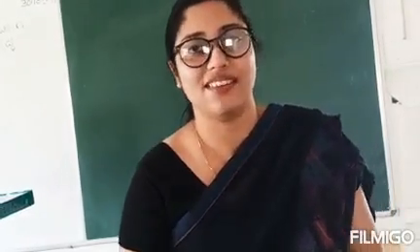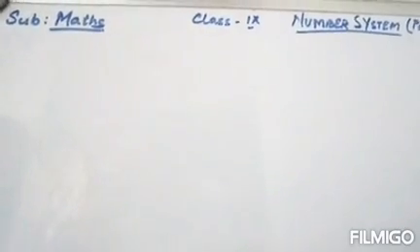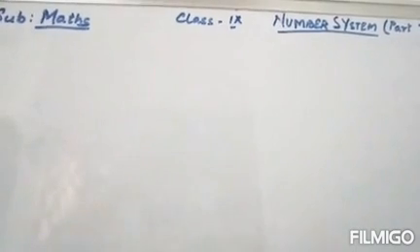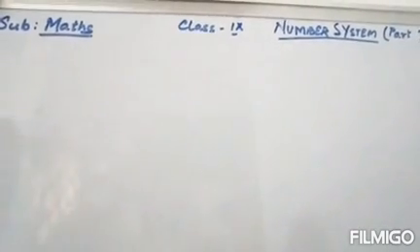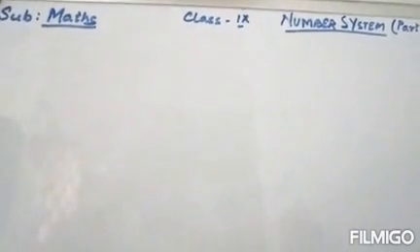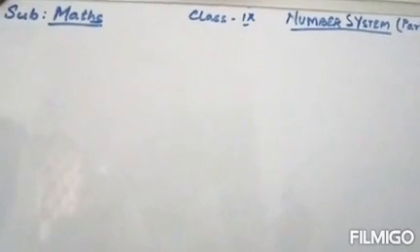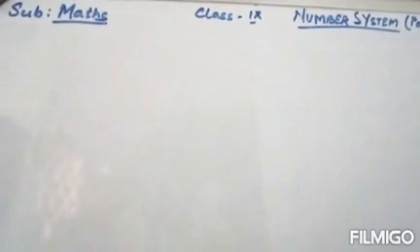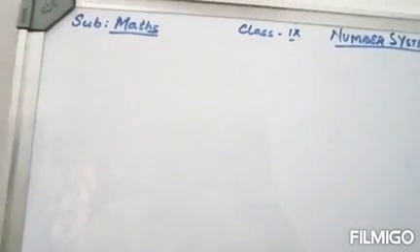Okay, let's begin. Now children, we are starting class 9's number system part 3. Till now you have learnt what a rational number and an irrational number are, how to plot them on a number line, how to do different decimal expansions and all those things.